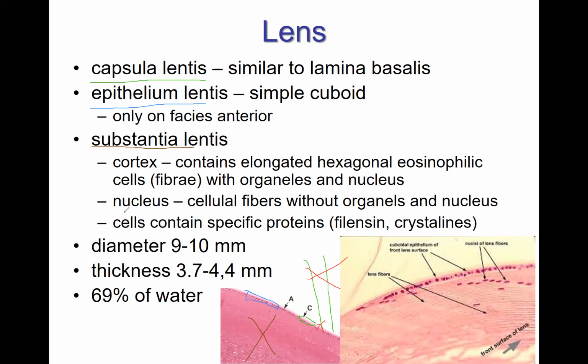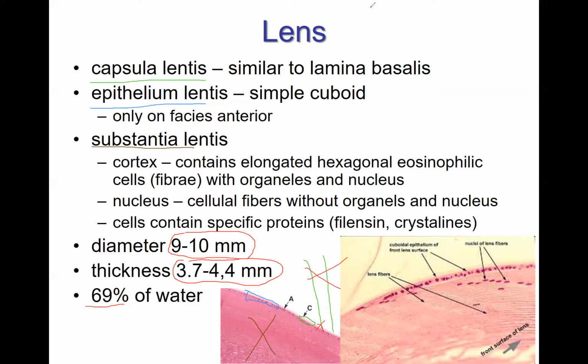As for the substance, this is more histology. We will talk about this, and you should have an idea that the thickness is around 4 millimeters and the diameter is around 1 centimeter. Yeah. It contains quite much of water, and in diabetes, when the level of glucose goes up, then it can get swollen and it can start the cataract.